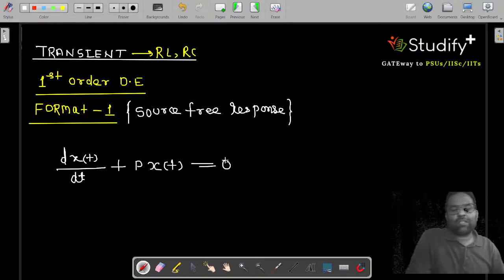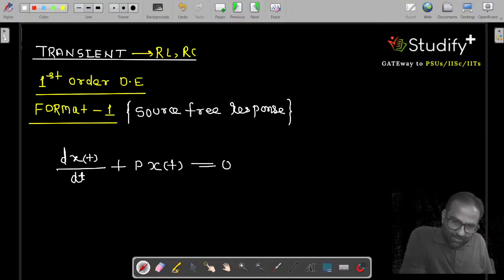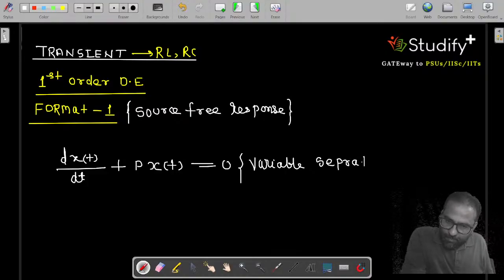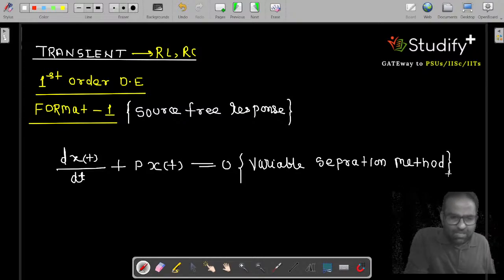This differential equation can be solved by the variable separation method, since you don't have any source, any constant on the right side.